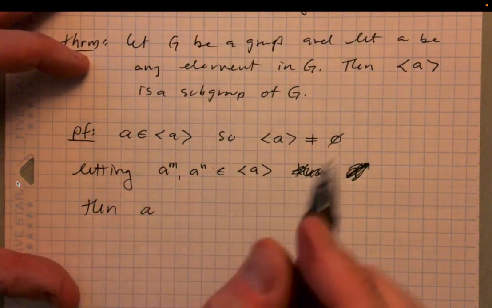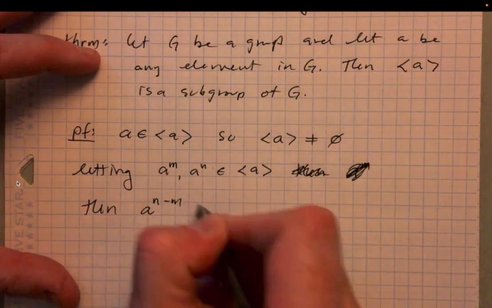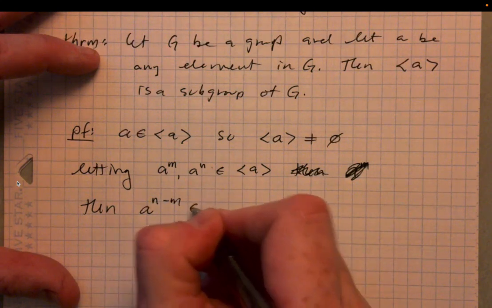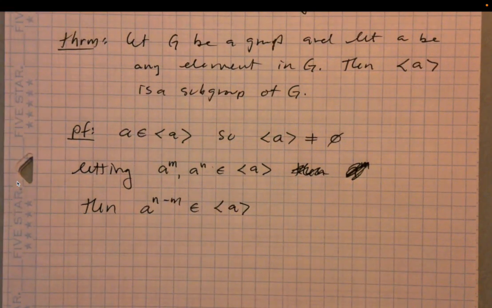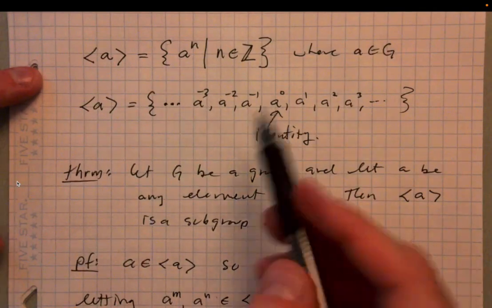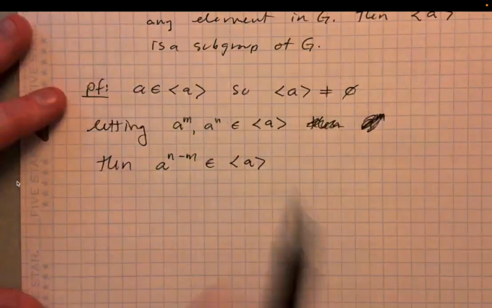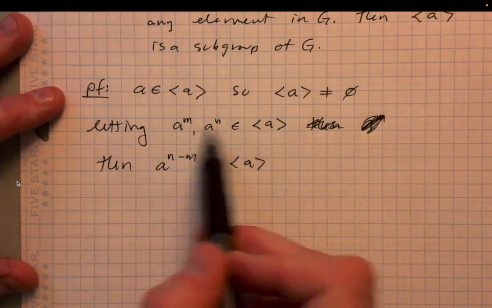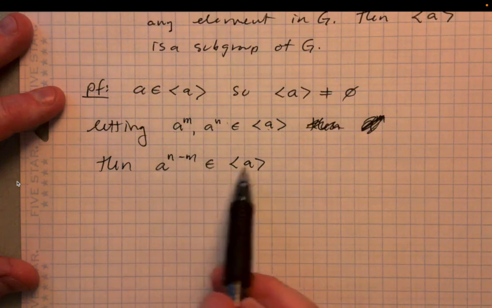Then a to the n minus m is also an element in this subset, right? It's just another integer. N minus m is just another integer. So this is just another element in the subset. Remember, this subset is a raised to an integer power, basically. So if a to the m, a to the n are obviously in this subset, a to the n minus m is a to some integer, that's in that subset.